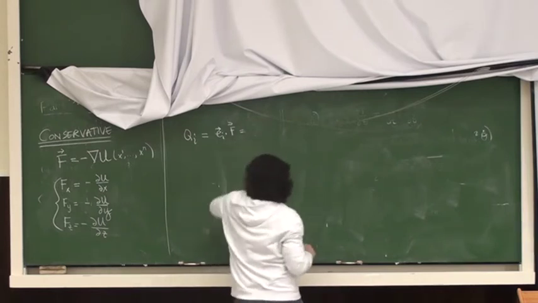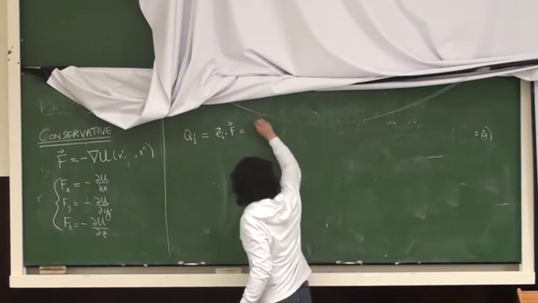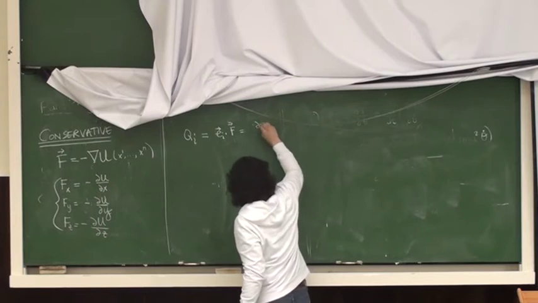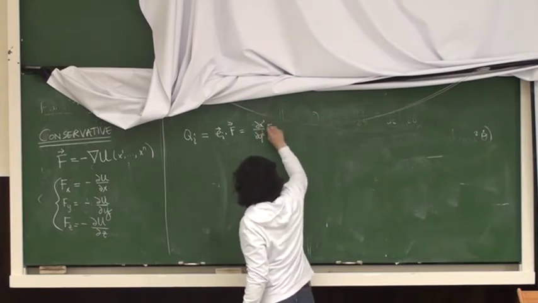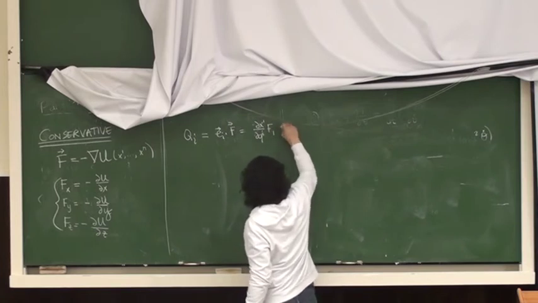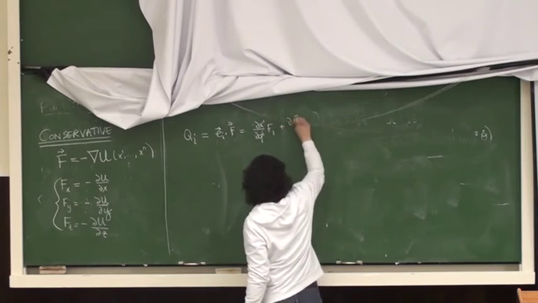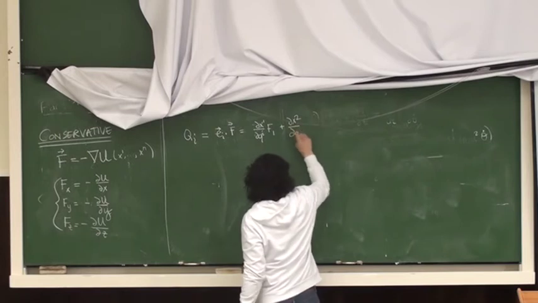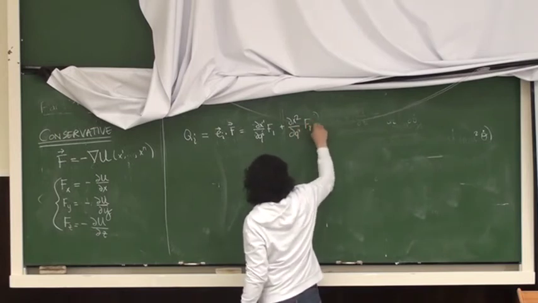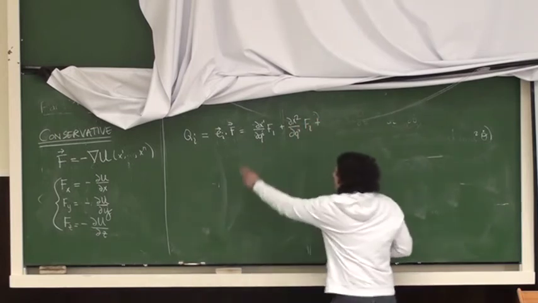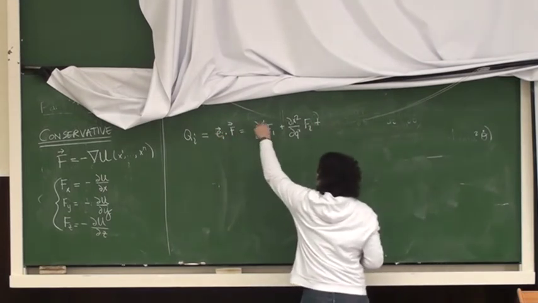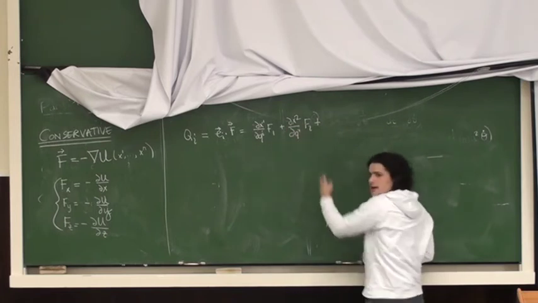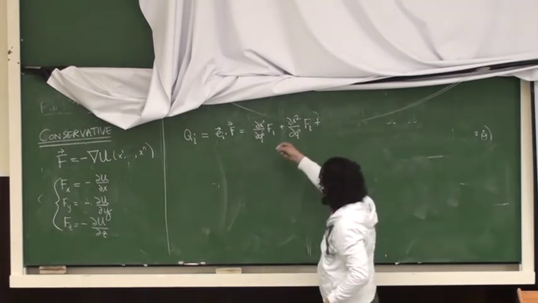I'm going to write it step by step: ∂x1/∂qi times F1, plus ∂x2/∂qi times F2, plus and so on. Because F is (F1, F2, F3), and e_i is (∂x1/∂qi, ∂x2/∂qi, ∂x3/∂qi). So I'm really just writing out the vector dot product.